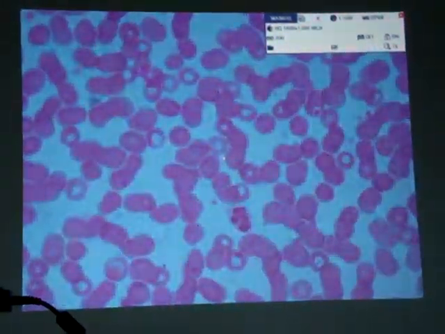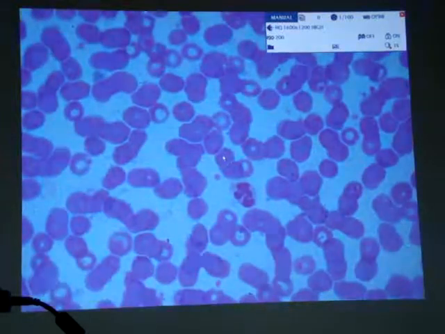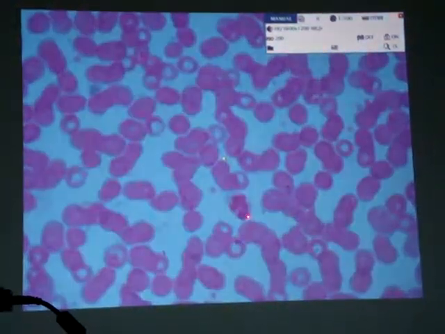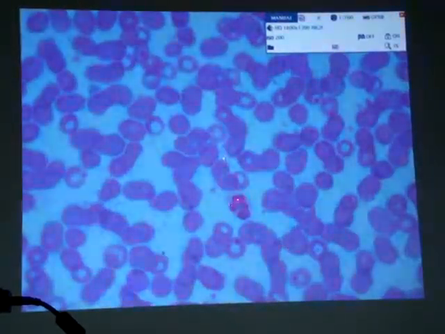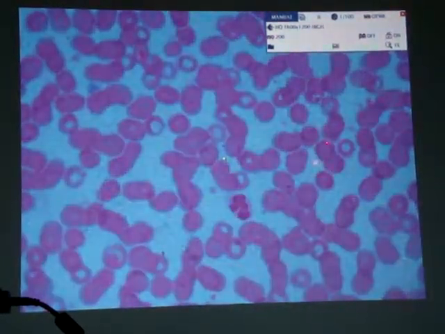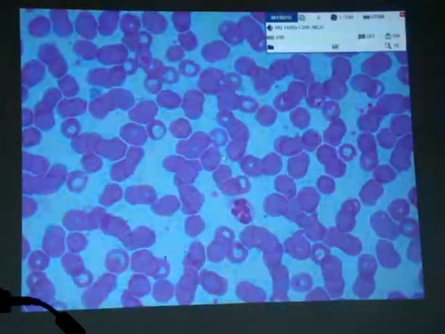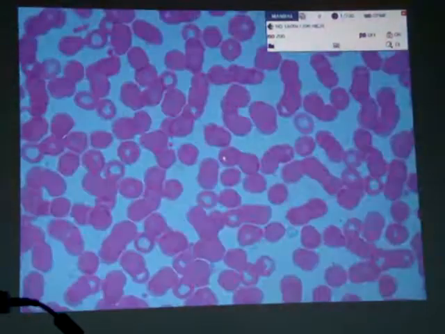That cell, that white blood cell in the middle is also a young cell na yan, is also a neutrophil. So they do not display uniformity in the shape and the number of segments of their nuclei.